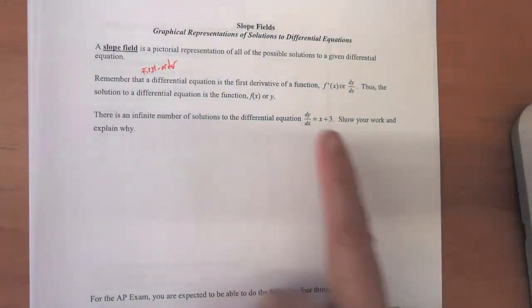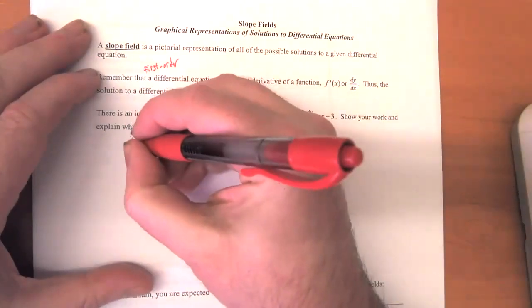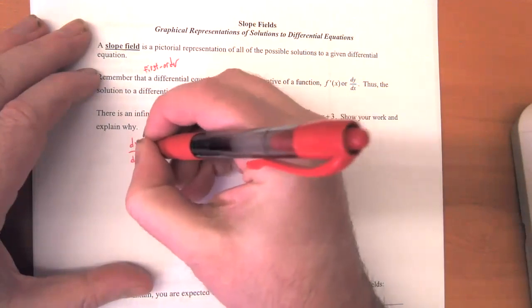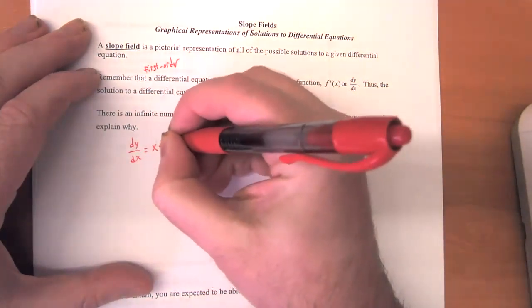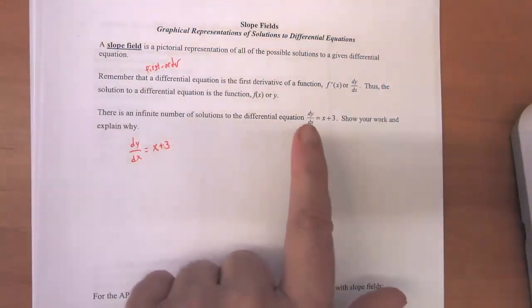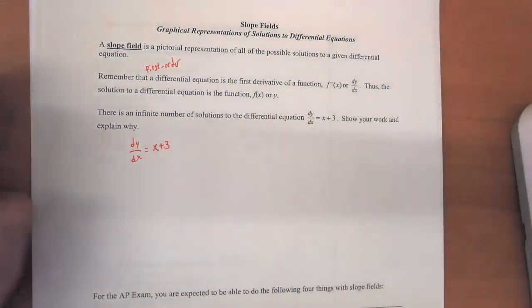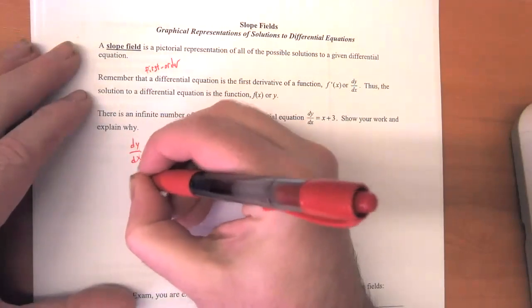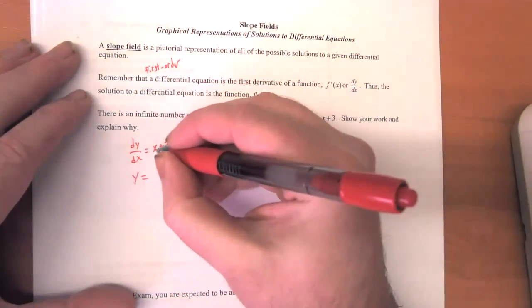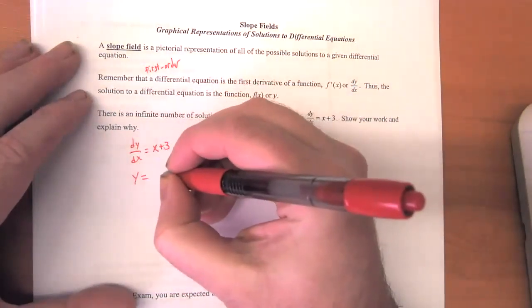Basically, when we say that dy/dx is equal to x plus 3, we're saying what are all of the antiderivatives of x plus 3? And so we can say that y is equal to, what's the antiderivative of x?